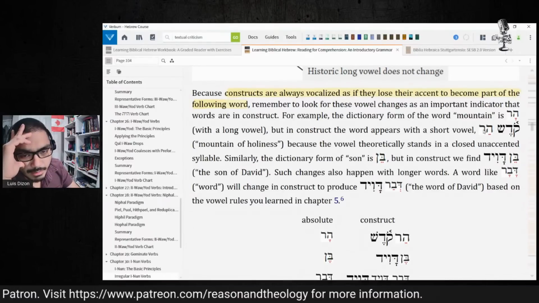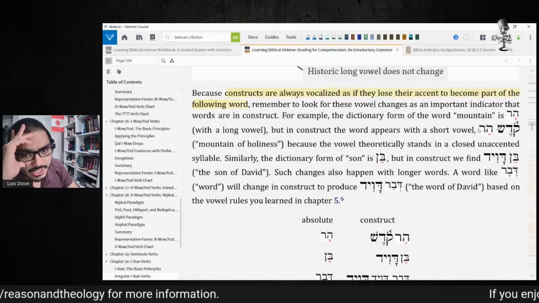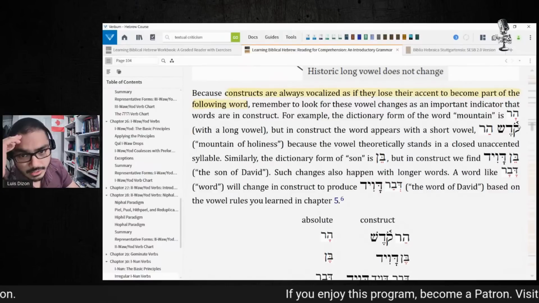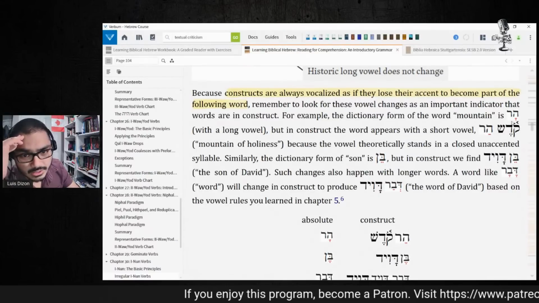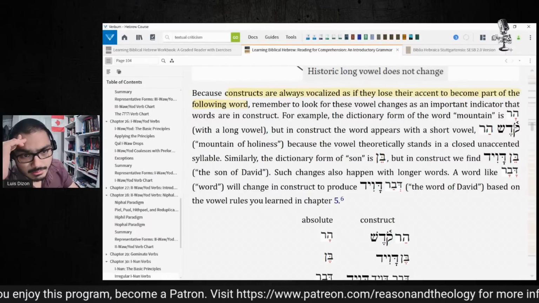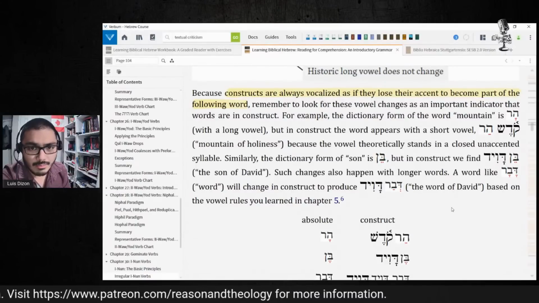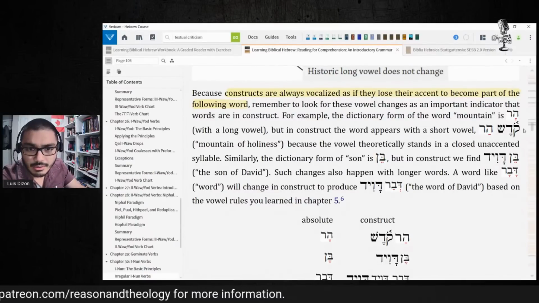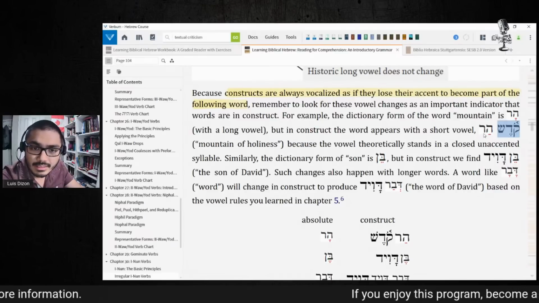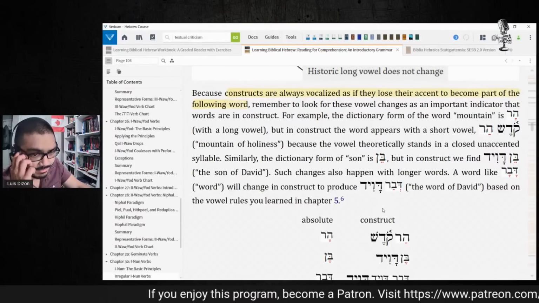It appears to be after it, but that's because of a formatting error. So Har is being modified according to the accent found in Kodesh. It reduces from a kametz to a patach because it is a historic short vowel, and it cannot lengthen if it is right next to the accent.